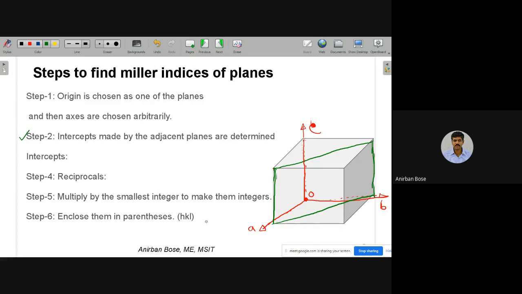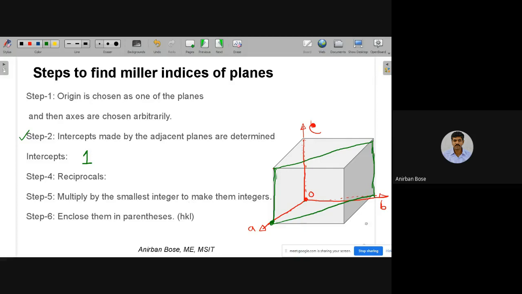So first you find out the intercept with the a-axis. You can see that its intercept is this length, because here is the point that is 1. So the a-axis intercept is 1.